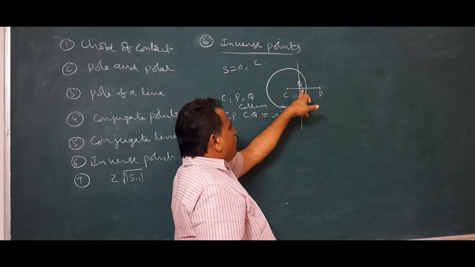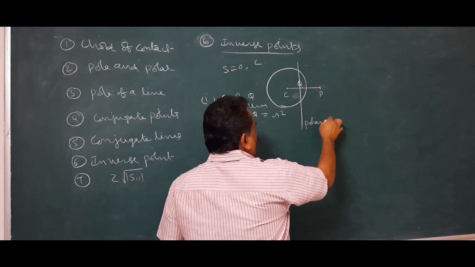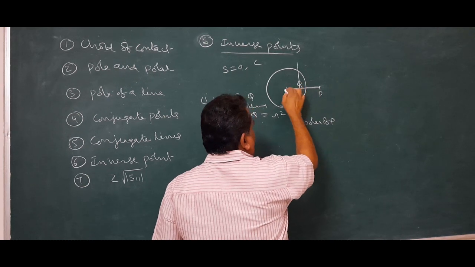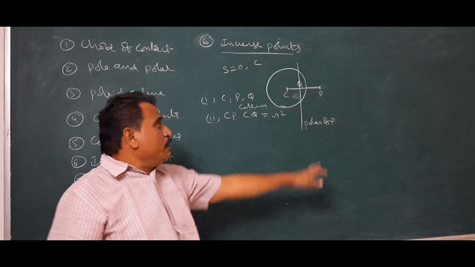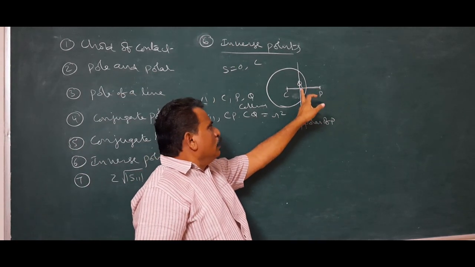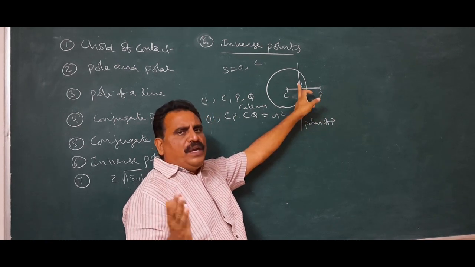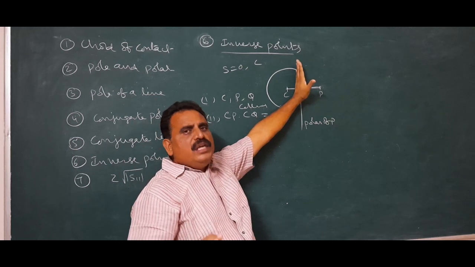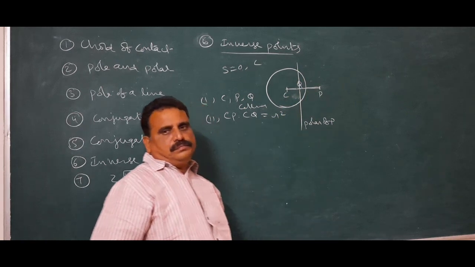The point of intersection of the polar of P and the line joining C and the given point P is called the inverse point of P. Q is the foot of perpendicular of C on the polar of P.